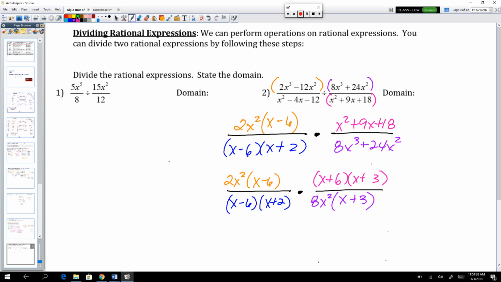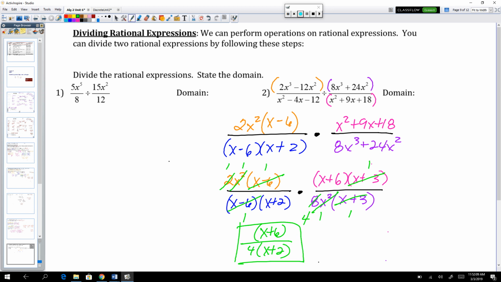So to finalize the simplification steps, we will go ahead and cross out the x minus 6 over x minus 6, and we'll cross out the x plus 3 over x plus 3, and the x squared and the x squared, and the 2 and the 8 leaves behind a 4. So the simplest form of this is x plus 6 on the top, and 4 times x plus 2 on the bottom.